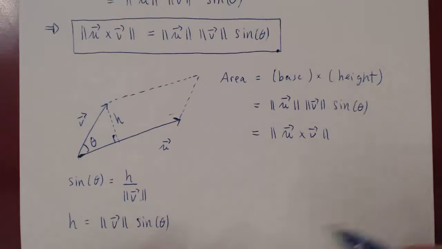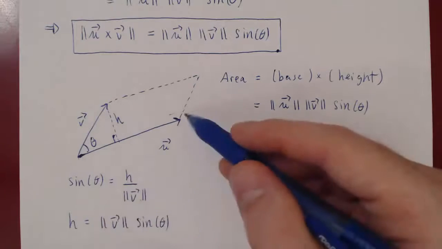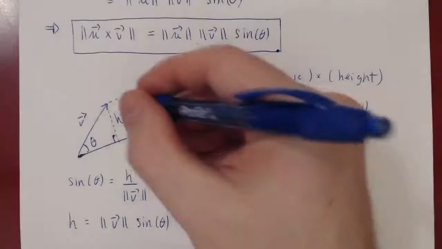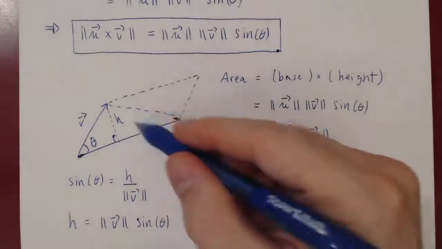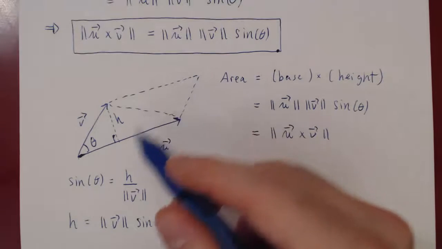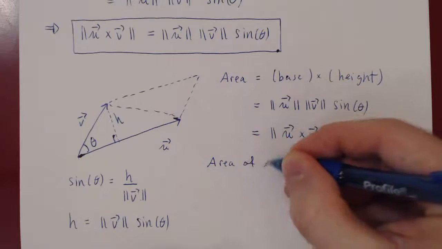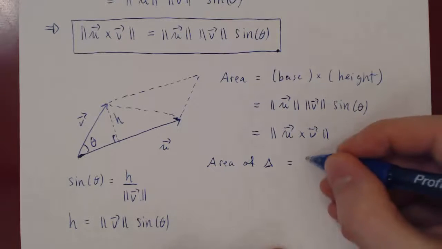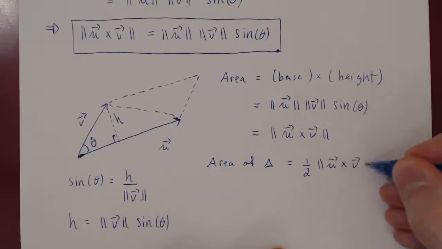We could also look at two vectors forming a triangle. Naturally, instead of using u and v to build a parallelogram, we could simply connect the endpoints of the two vectors and form a triangle. The picture is fully symmetrical, so the area of the triangle is simply 1/2 the area of the parallelogram, therefore 1/2 of the norm of u cross v.